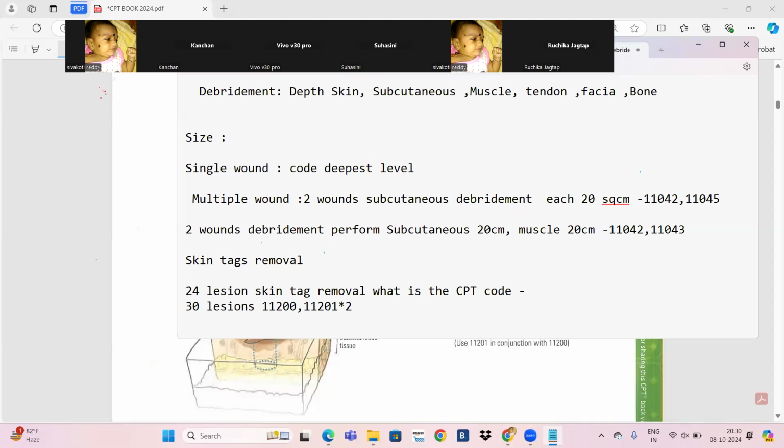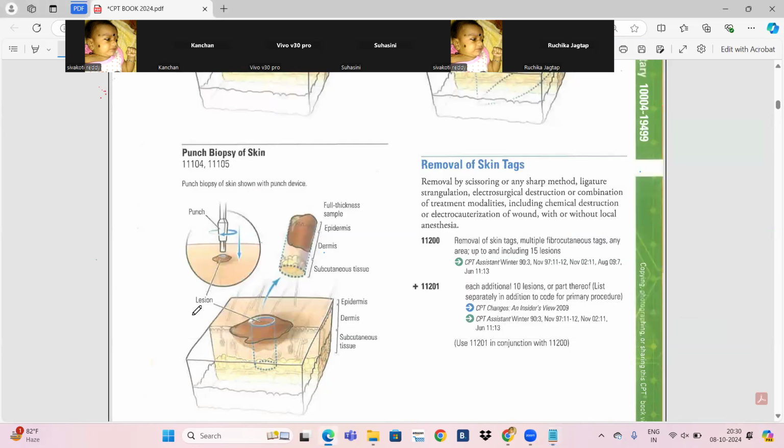Could you please repeat this, 30 lesions? Suppose they perform 30 lesions. Up to 15 lesions, 11200, the primary CPT code. Then for each additional 10 lesions, 11201. So 15 plus 10 means 25.